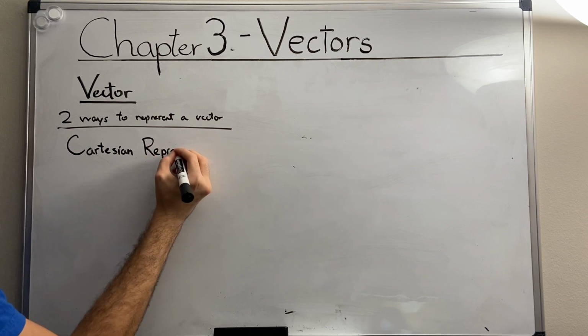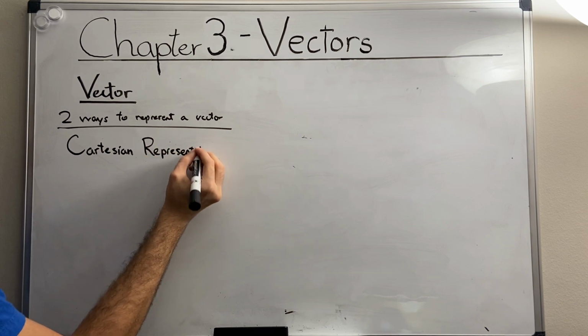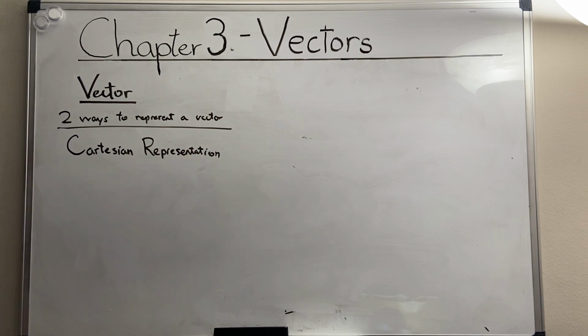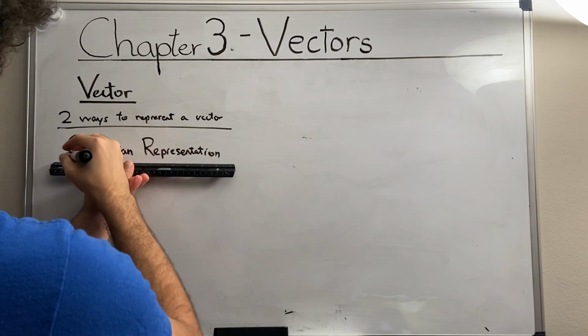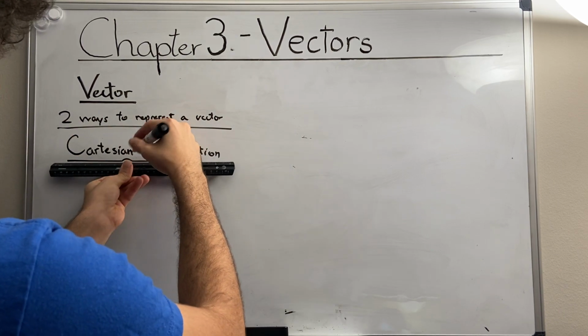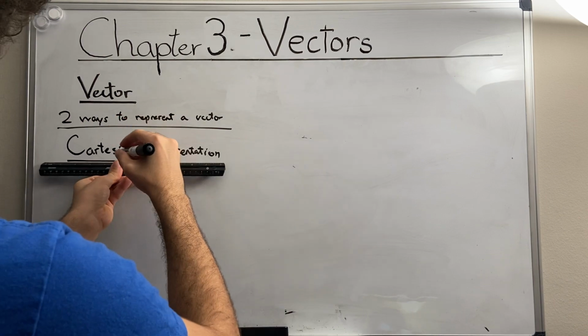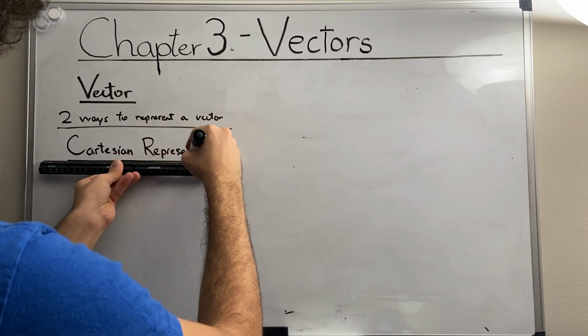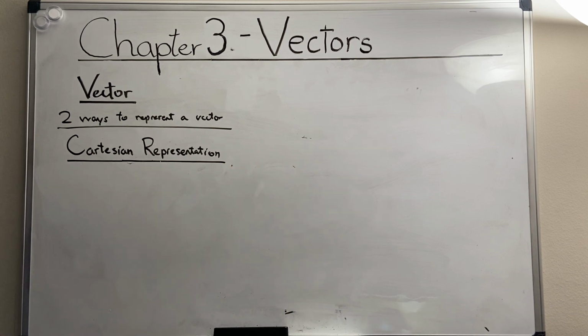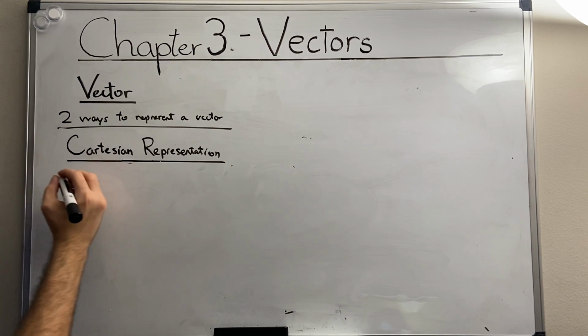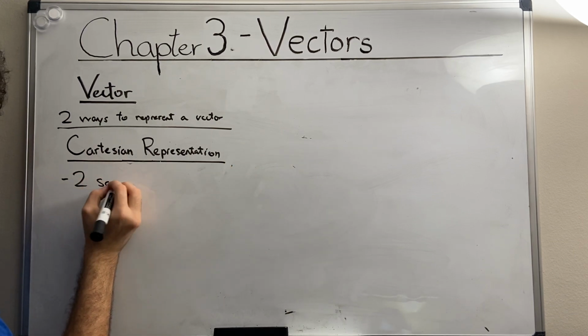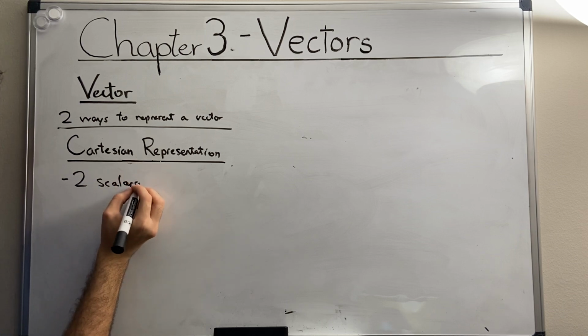Representation. Take a ruler to underline that. Bam, okay. Cartesian representation. And again, we're going to have two scalars, right?